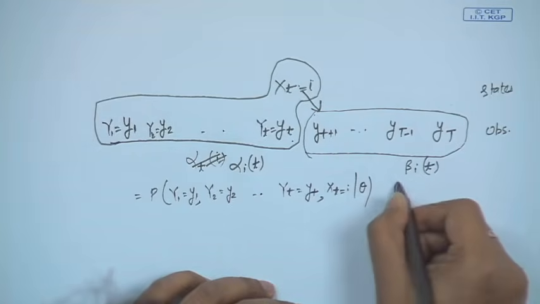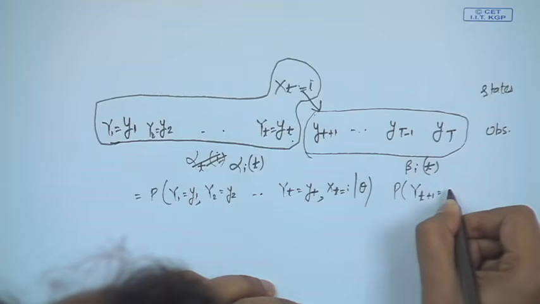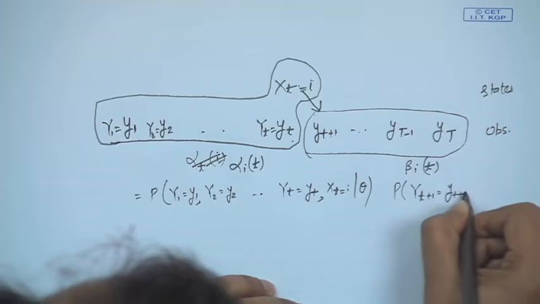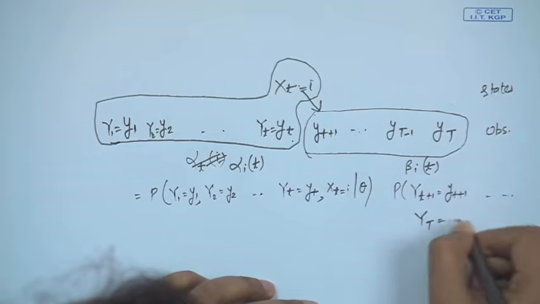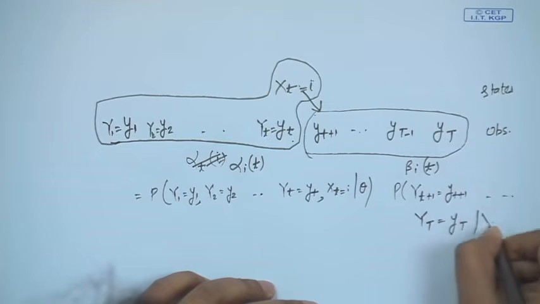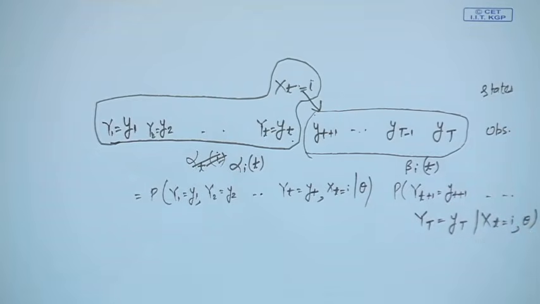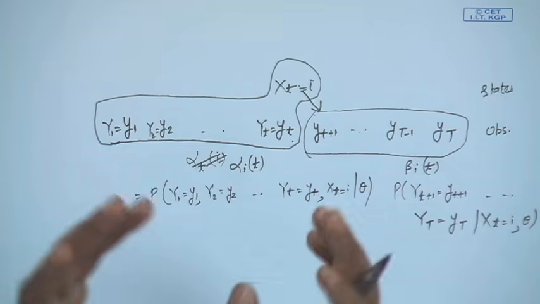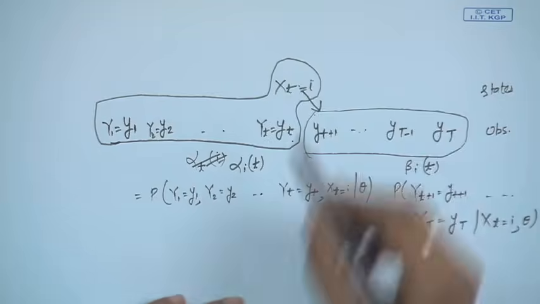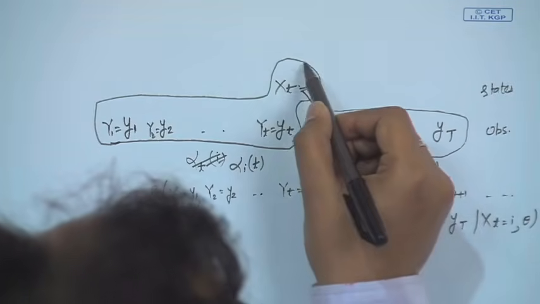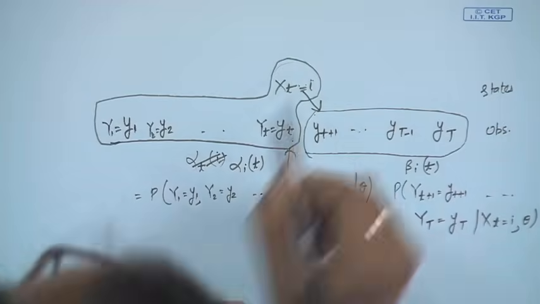That is the probability that Y t plus 1 is small y t plus 1 up to capital Y T is small y T given xt is equal to i and theta. So these are the two different probabilities that I store. So what do you see here? So I am taking just a state at a particular time t, a particular state i.